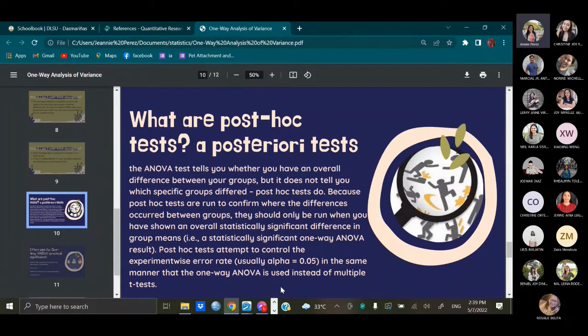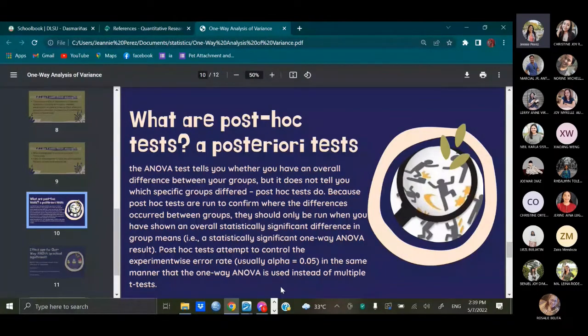One-way ANOVA is an omnibus test. It only detects whether there is a significant difference across all groups. However, it does not specifically tell you which group had the significant difference.